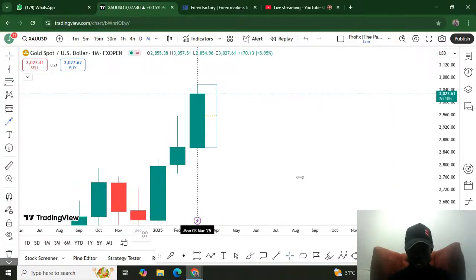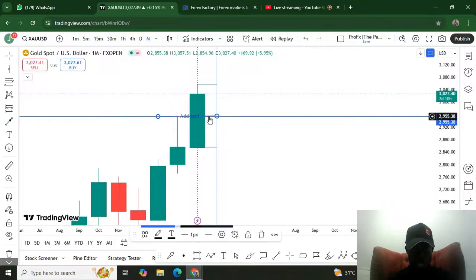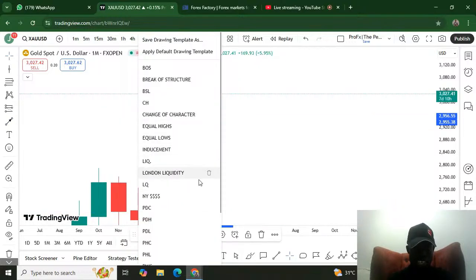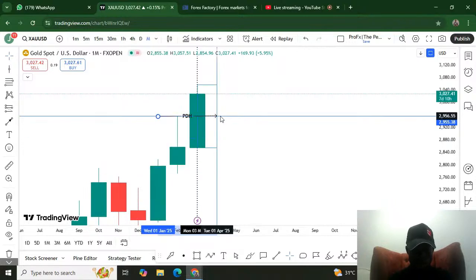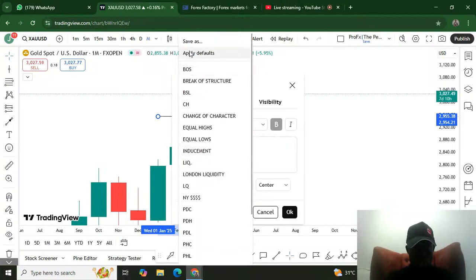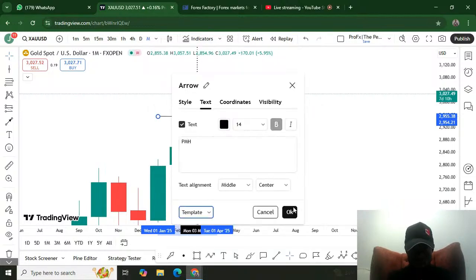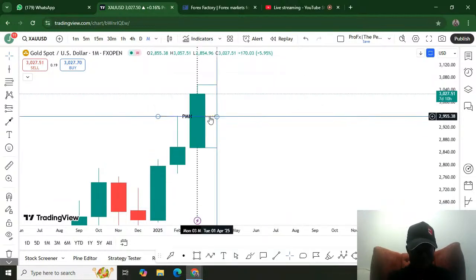Let's just do this now. Let's just put this as monthly high and monthly close before we go into the daily. Let's see if there's any effect. Monthly high, let's do this as PMH, and let's do this as PMC.